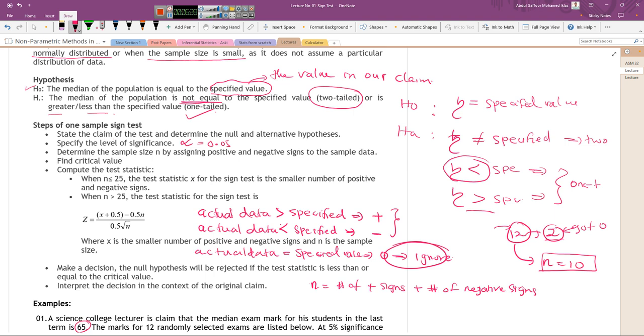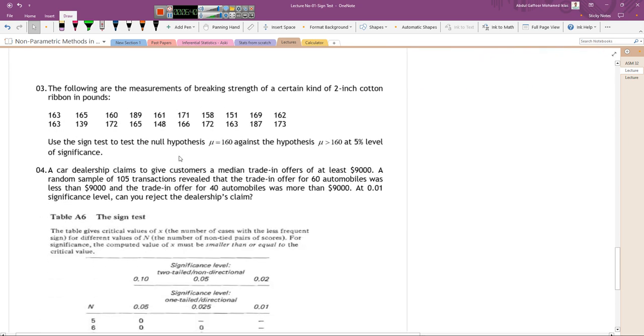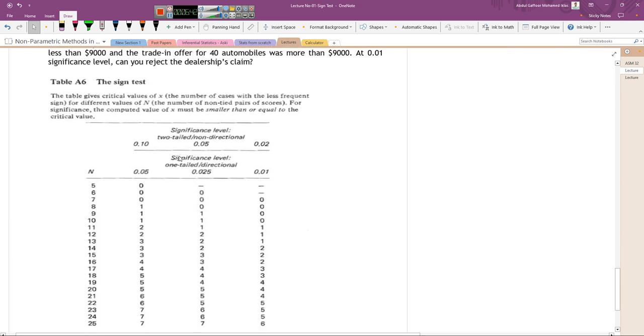Okay, now find the critical value. In order to find the critical value, we have to go to the table. The table will appear like this. From this table we have to find the critical value. If it is a two-tailed test, we look below this, and if it is a one-tailed test, we look below this.